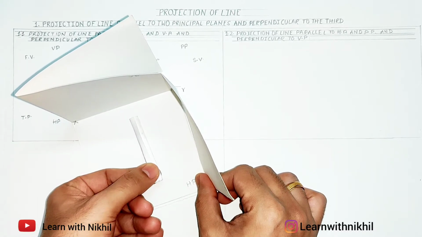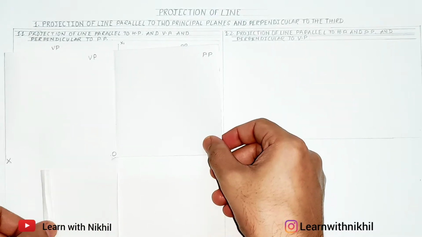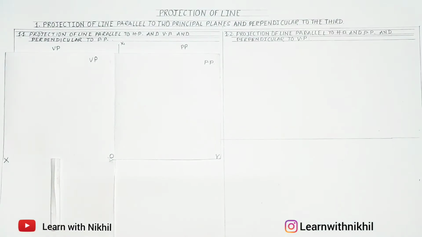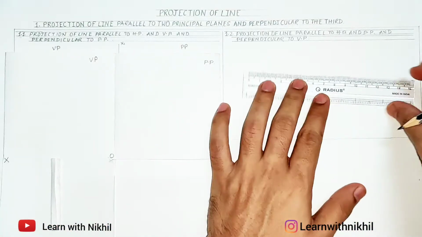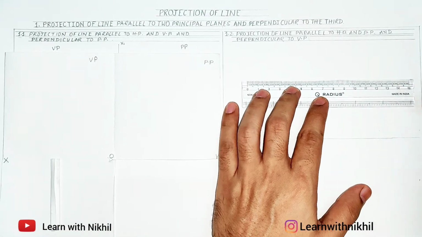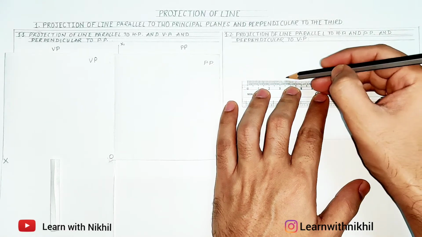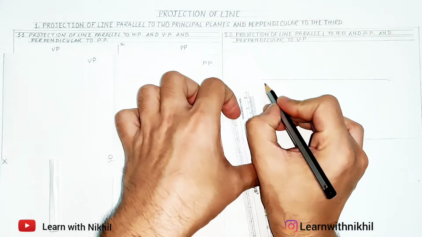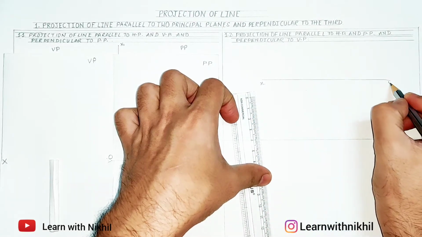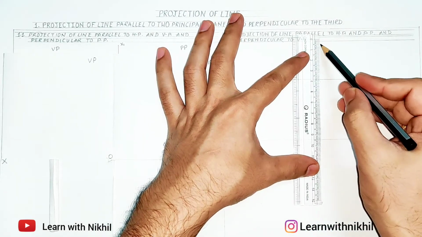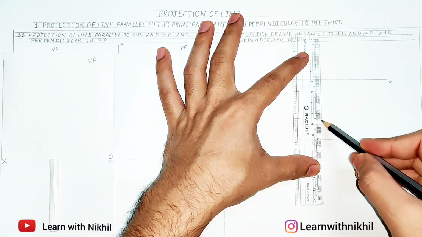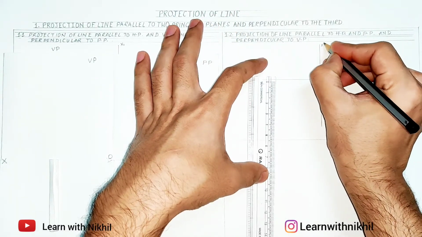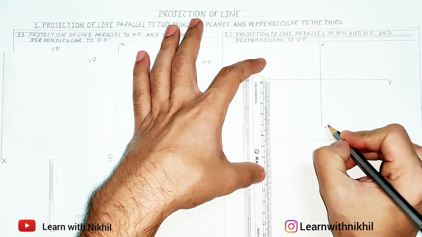So as our main question, projection of line parallel to the two principal planes and perpendicular to the third. So now you have parallel to HP and PP and perpendicular to VP. Now for drawing in two-dimensional, again we'll draw the XY line. Then we'll draw the straight vertical line, that is X dash Y dash.